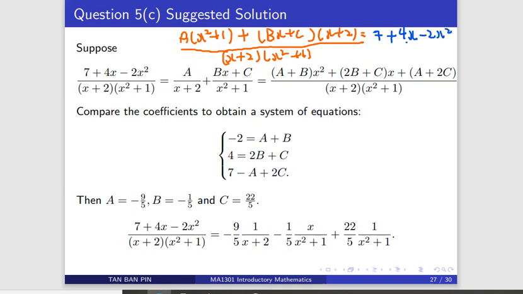So just say the numerators are equal. And with that, you can actually sub numbers in to solve for a, b, and c. So you have to choose appropriate numbers.